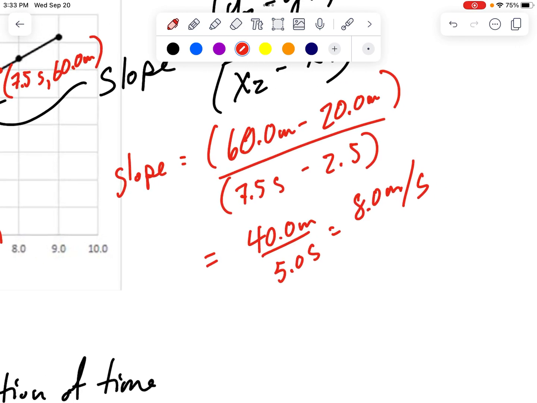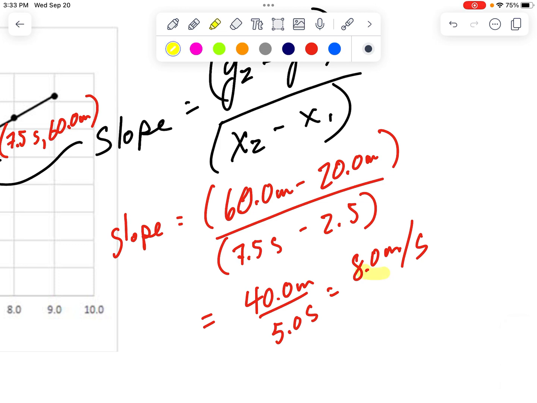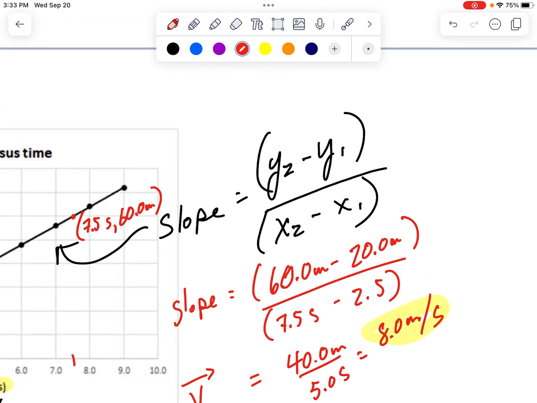If we pay attention to those units, we can see that this is a velocity. In this case, we're calculating a velocity because we've got the change in displacement over the change in time.